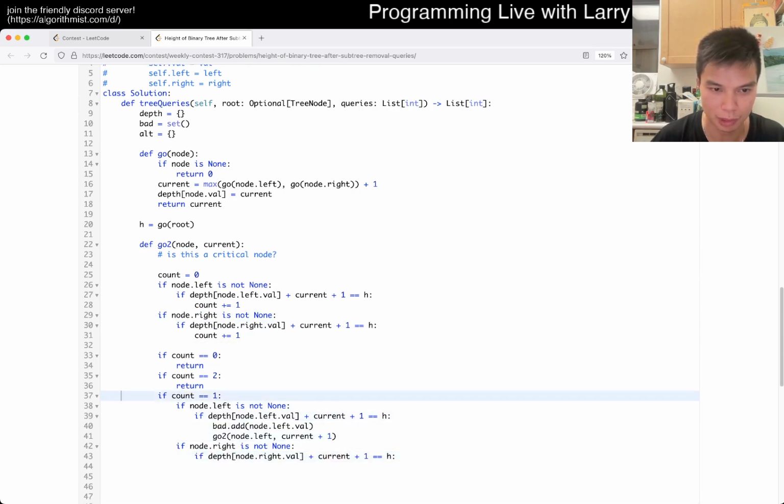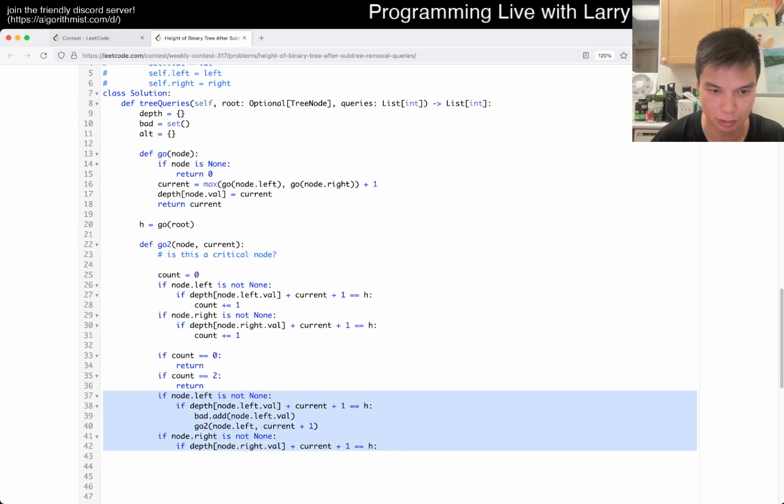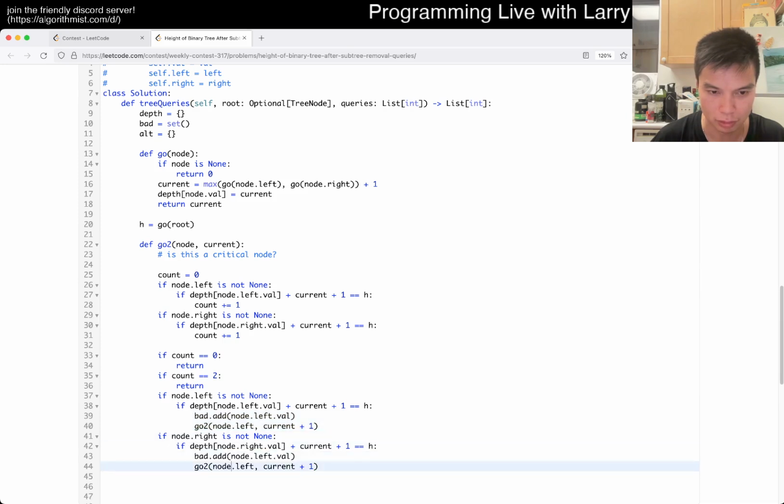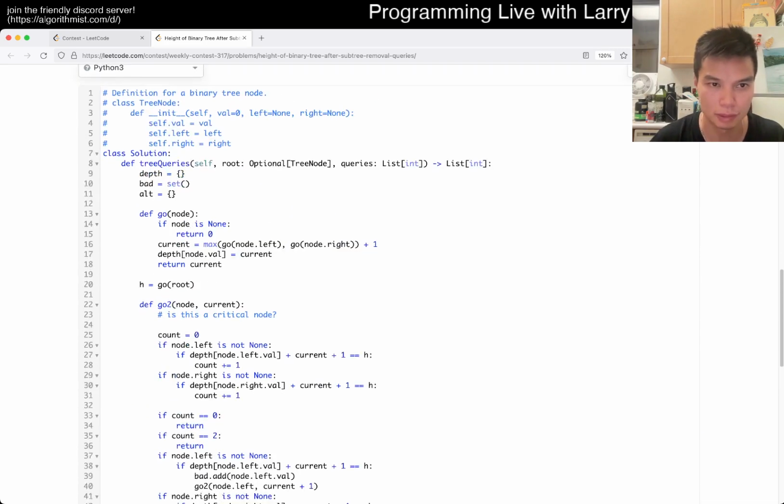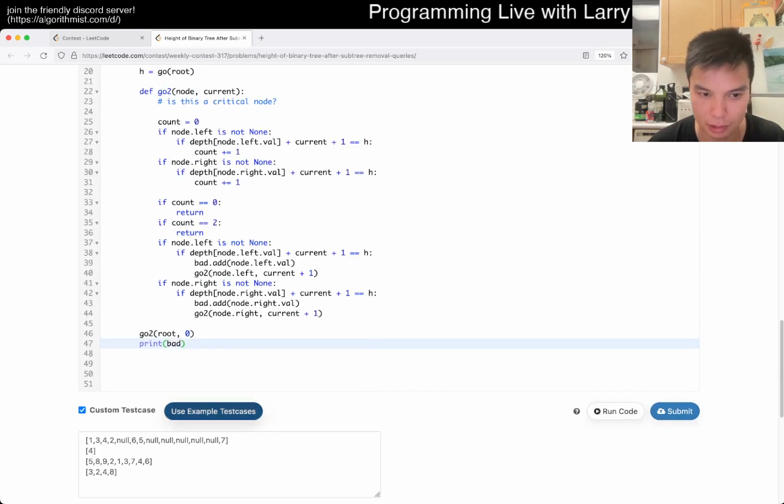I guess this is implied, so we can take this off. Okay, and then now just for kind of, just kind of print bad, I guess, just to see.